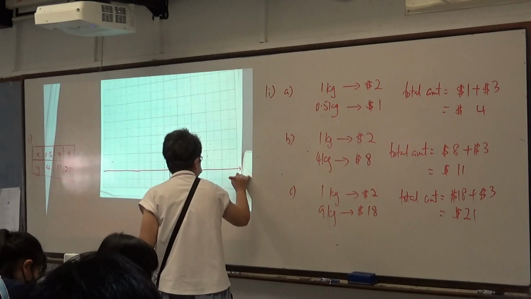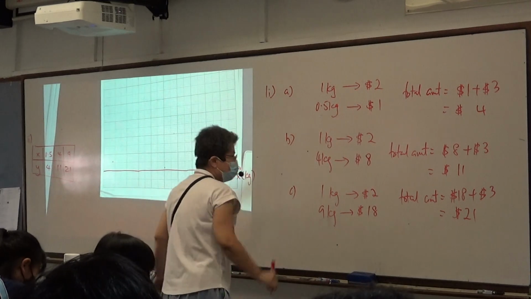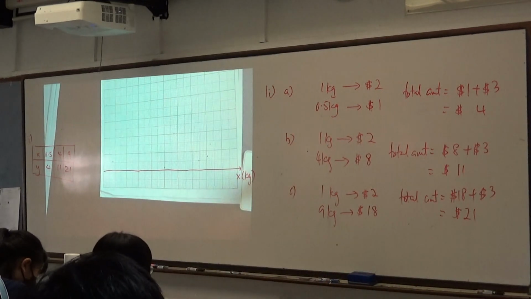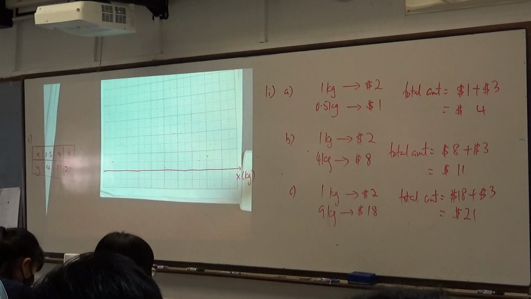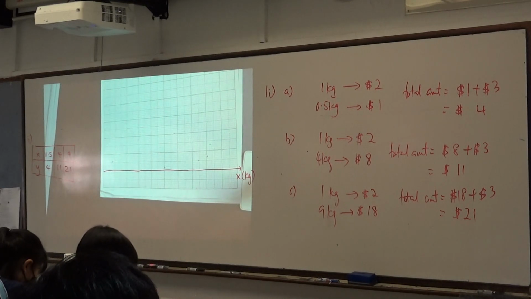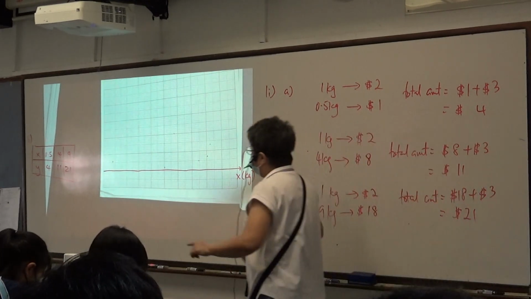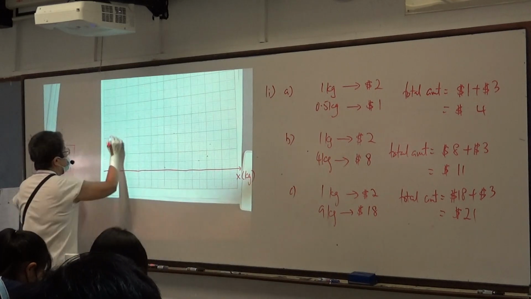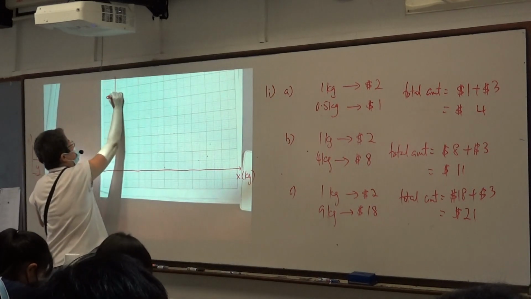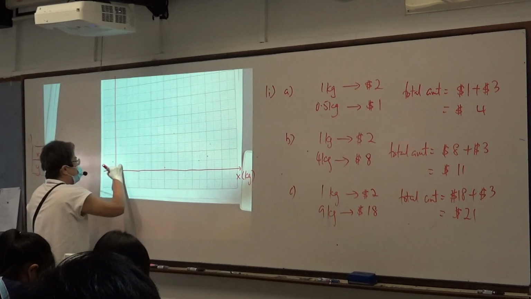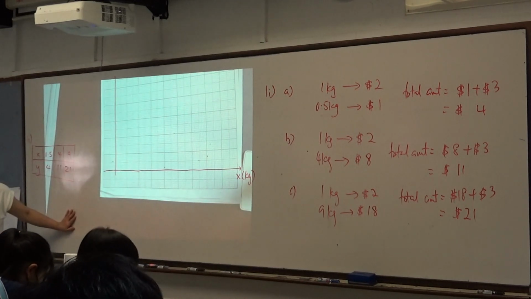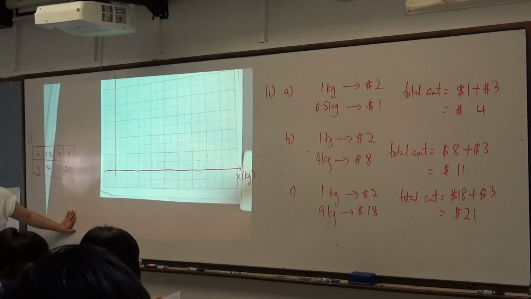Then you write down this is X kilogram, right? Is this correct? Now, then what you can say about the money? The vertical axis. 1 cm to $1. Correct? 1 cm to $1.